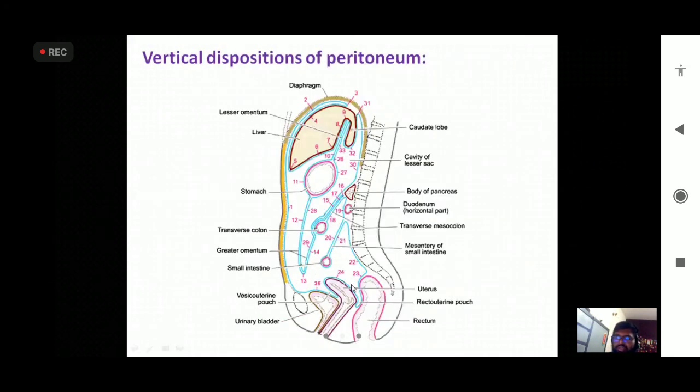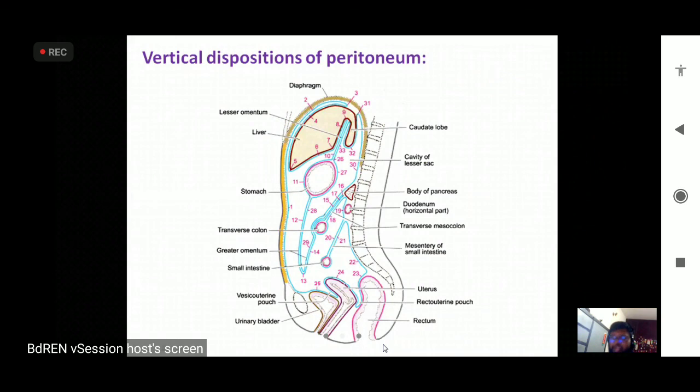You have cleaned the uterus and everything, but you have not cleaned the rectouterine pouch of Douglas. What will happen? This blood will be infected, and ultimately there would be peritonitis developing from here. So as a surgeon, during any surgery, particularly in female, you have to clean up the rectouterine pouch of Douglas.